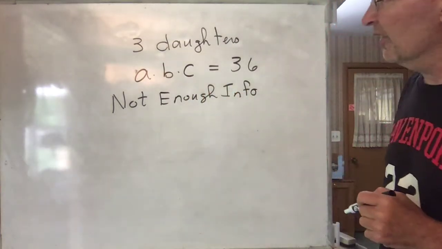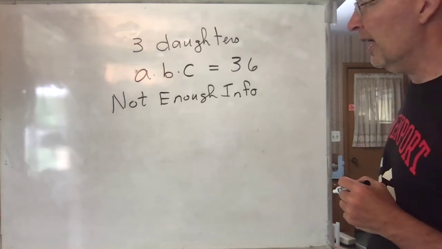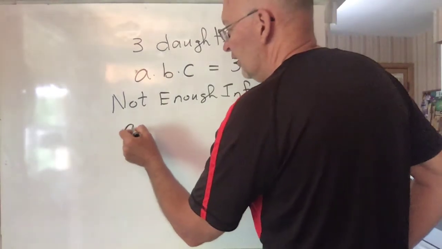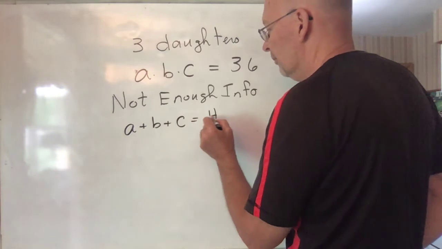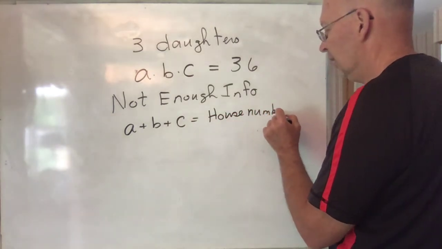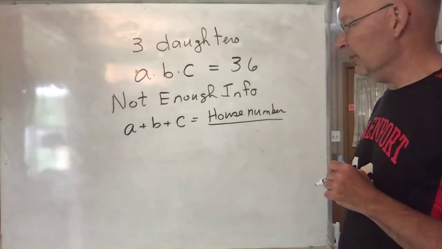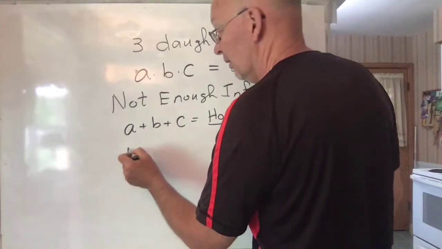So then the friend says, well, okay, I'll give you some more information. If you go and look at my house number on my house, the sum of the three ages adds up to my house number. So the mathematician goes and looks at the house number, and he comes back and says, that's still not enough information.